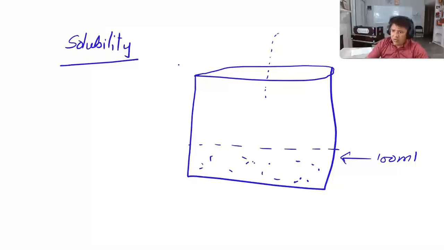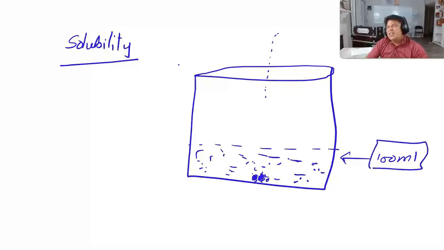One gram more can also get dissolved. Let's say 35 gram get dissolved. At 36.1 gram, some sodium chloride deposits back. So this 100 ml water can dissolve only about 36 gram. If you add more than 36 gram, it stops making solution.